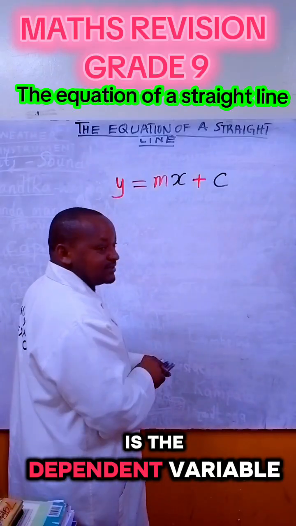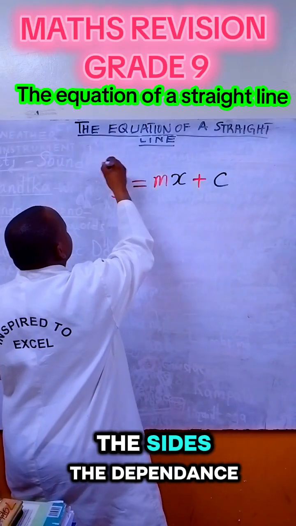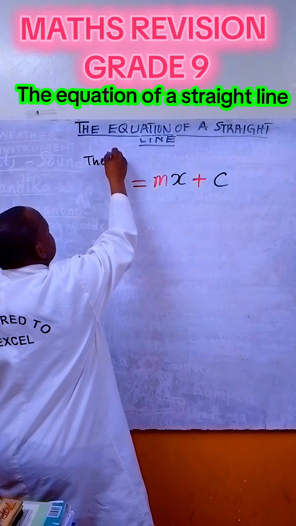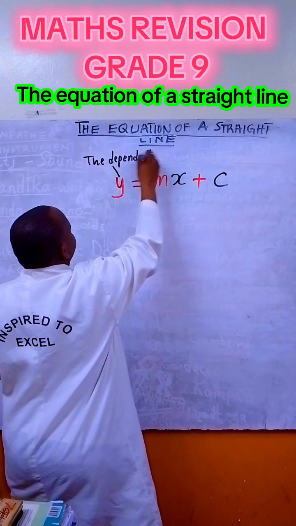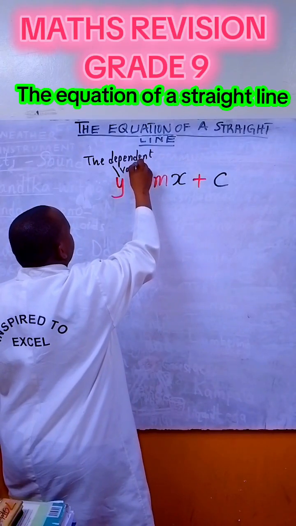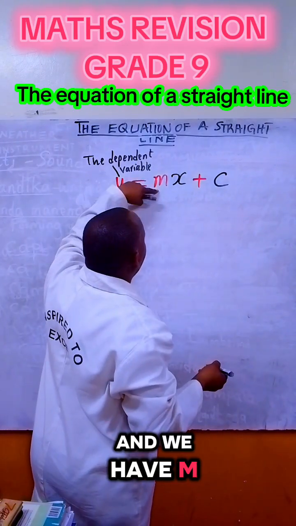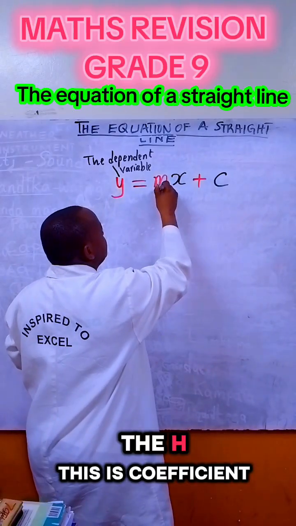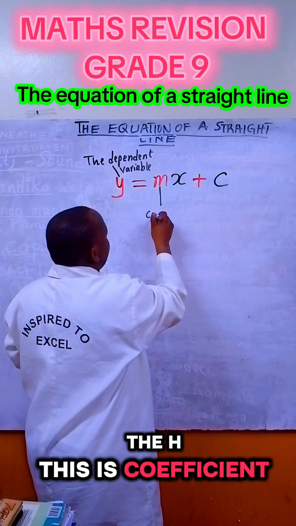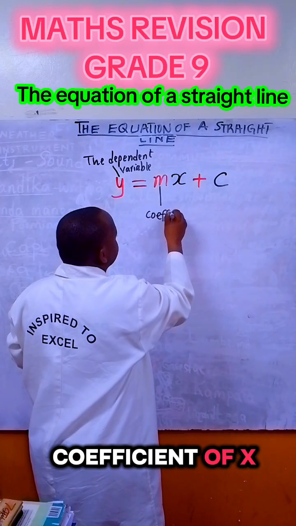is the dependent variable. Let us write it: this is the dependent variable, and we have m. M is the coefficient, the rate, the coefficient of x.